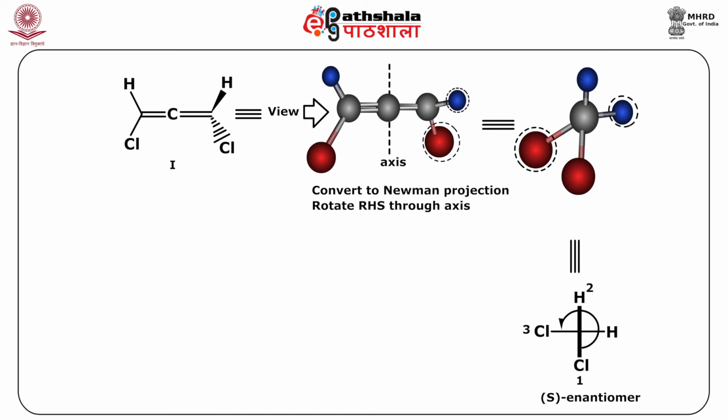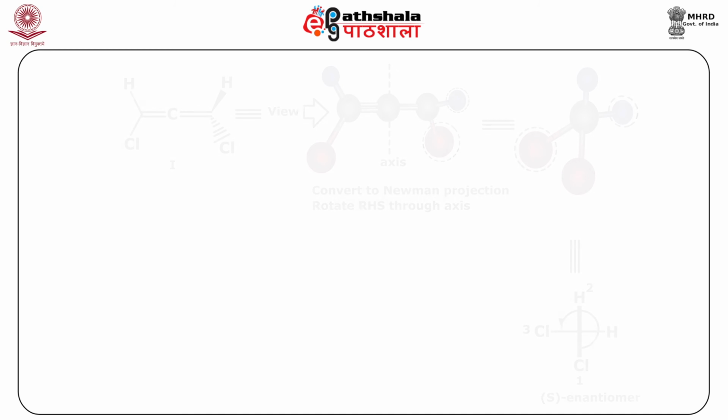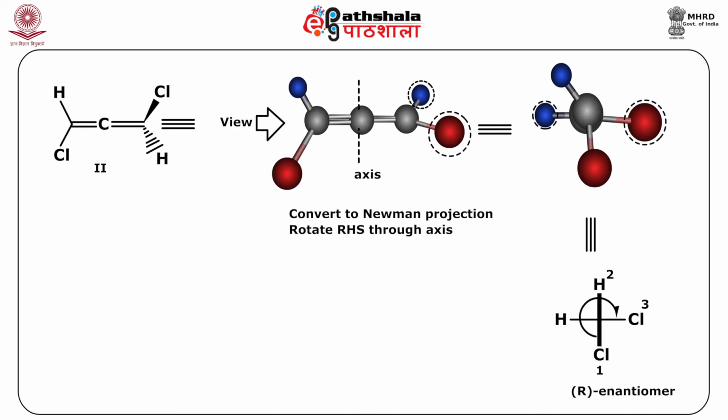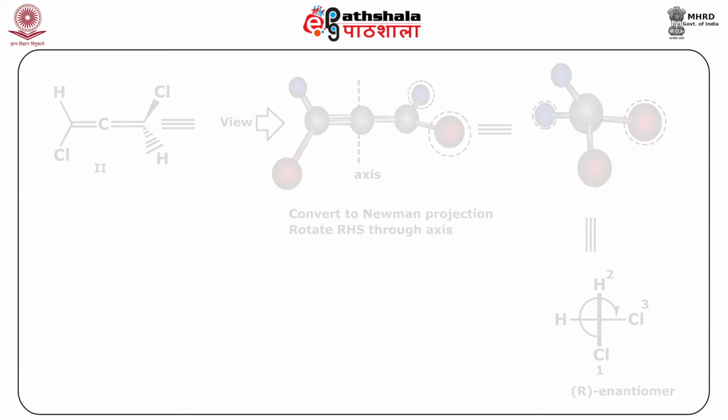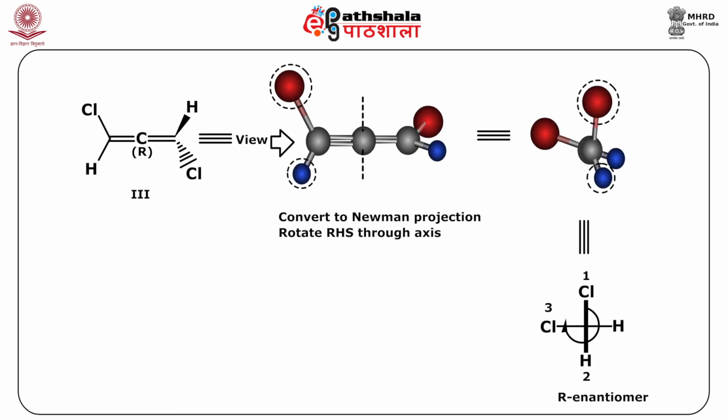According to this, the configuration of the present allene is S because it has anti-clockwise rotation from both angles. Another enantiomer is R. Viewing it from the left hand side and putting it into the Newman projection, we obtain the R enantiomer because of the clockwise rotation. Again with the third enantiomer of the allene, we can see that it has the R configuration as the absolute configuration.